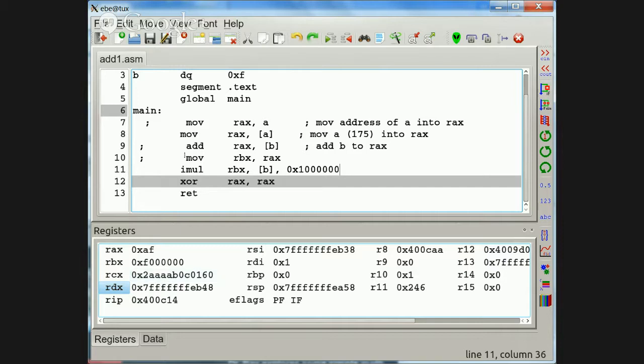So the product for this is placed in RBX, and it doesn't modify any of the others. There's no other register that pairs with RBX. The only pair that I'm aware of is RDX:RAX. Those two are paired up for multiplication and division.